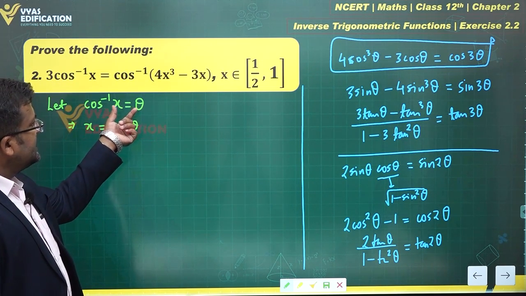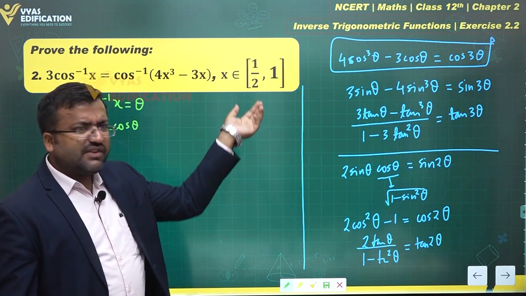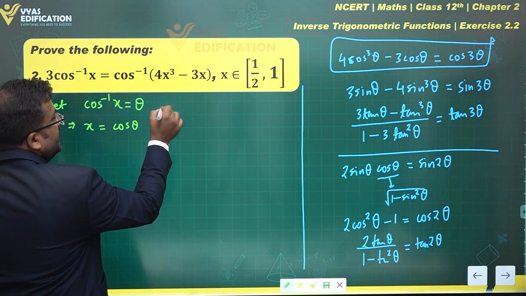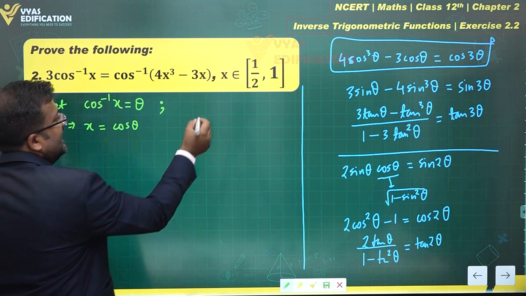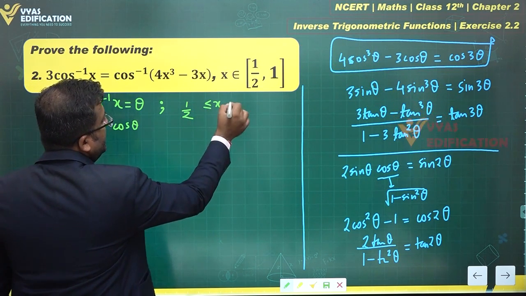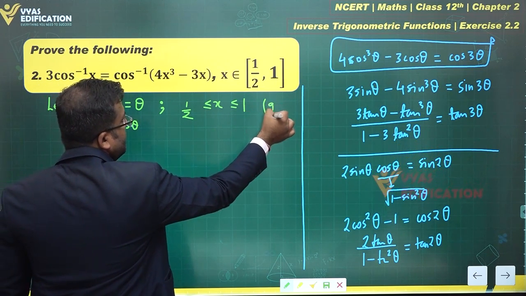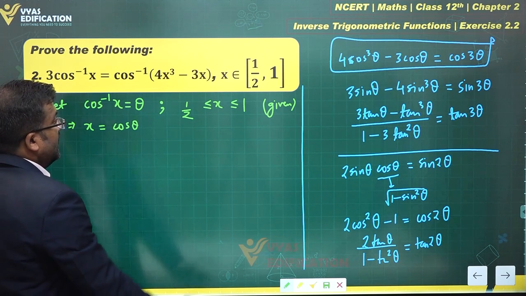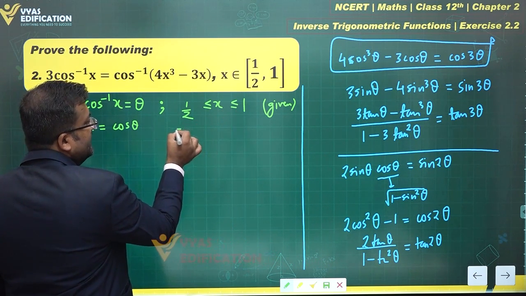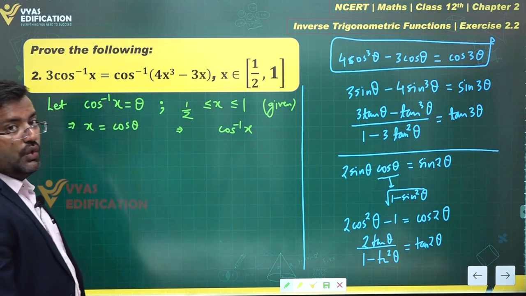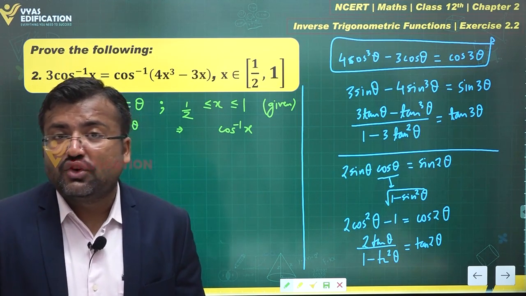Since it is given that x belongs to this interval, let's find the values of theta first. This says that x is greater than or equal to 1 by 2, less than or equal to 1, as given. Since x lies in this interval, we take cos inverse.